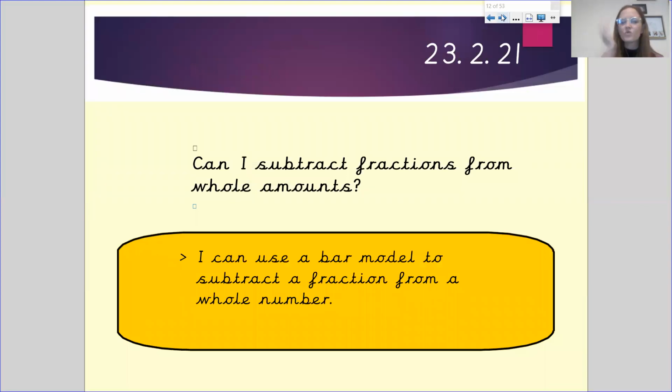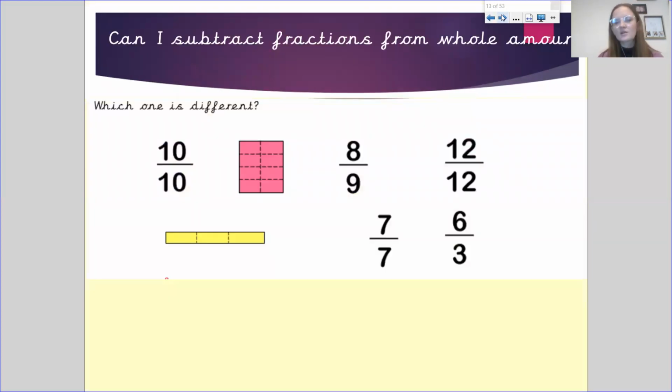Right, as mentioned before, we are subtracting fractions from a whole number today. So have a look at this for a moment and see which one you think is different. Hopefully you're looking at the fractions themselves. Even these ones are fractions because this is broken up into 8 equal pieces, of which all of the pieces are colored in.